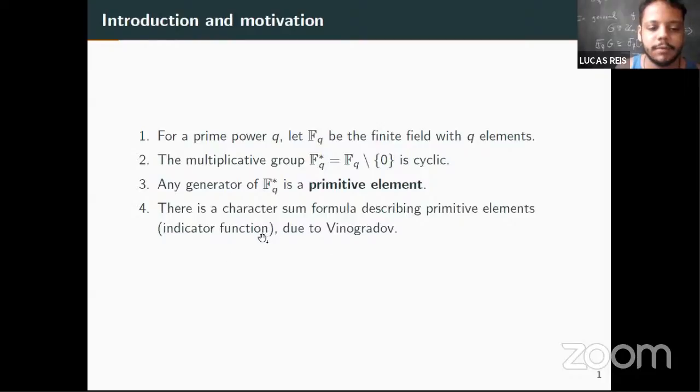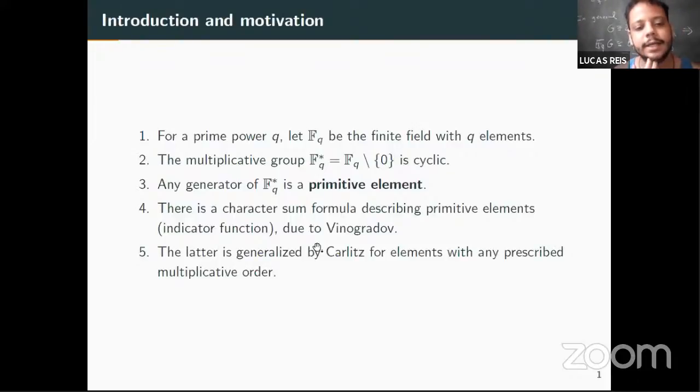As we have seen in Alonso's talk, we also have a character sum formula for the indicator function of primitive elements. This is due to Vinogradov. And actually, after this formula from Vinogradov, Carlitz obtained a character sum formula for elements in finite fields with any prescribed multiplicative order. So in some ways, it's just a generalization of Vinogradov's work.